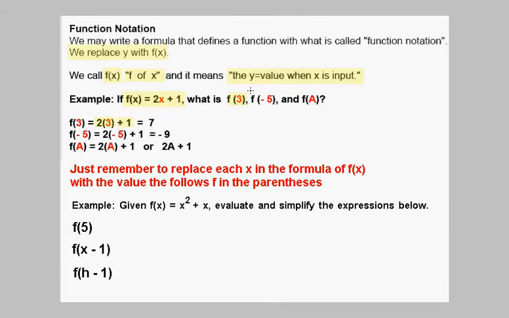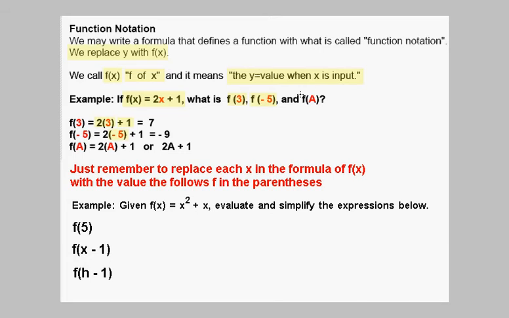If we want to find the y value when x is negative 5, we say find f of negative 5. For our formula 2x plus 1, we replace the x with negative 5, and we get 2 times negative 5 plus 1, which makes negative 9.